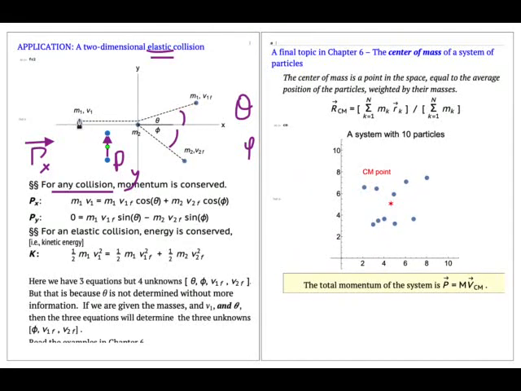But on the other hand, if m1 were heavier than m2, then when they collide, m2 will go off at a higher velocity. m1 will continue moving to the right, so the scattering angle in that case would be 0. But there would be a change in the speeds. So there are many special cases. This is too general to try to solve in complete generality. I'll just say, read the examples in chapter 6. You'll see some special cases.